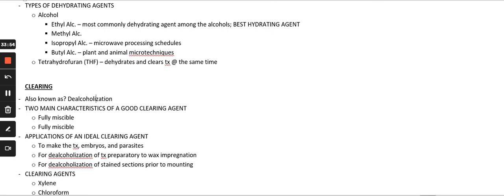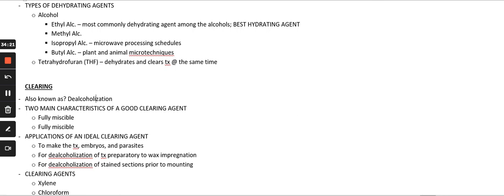Again, it's not expensive, so anyone can afford it. That is also why clearing is called dealcoholization, because from its predecessor, dehydration, the usual agents used are alcohols.